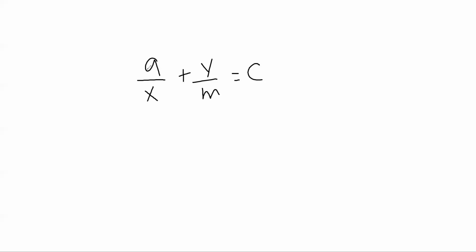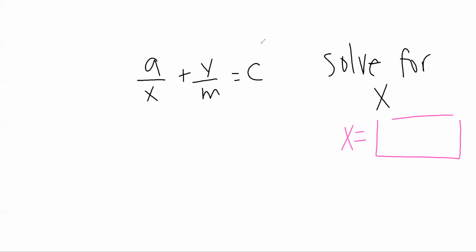Because you have 5 different variables in here, I don't know the value of a single one of them. I don't really care. What they're saying, though, is to solve for x. So what they're asking me to do is get x by itself and every other variable over there.